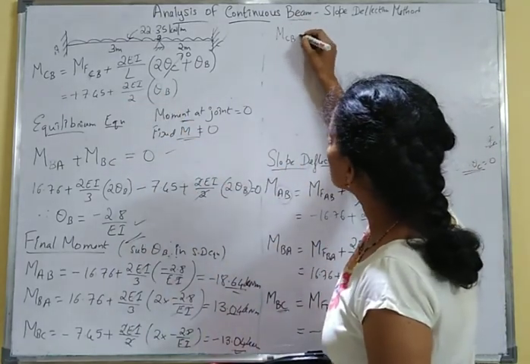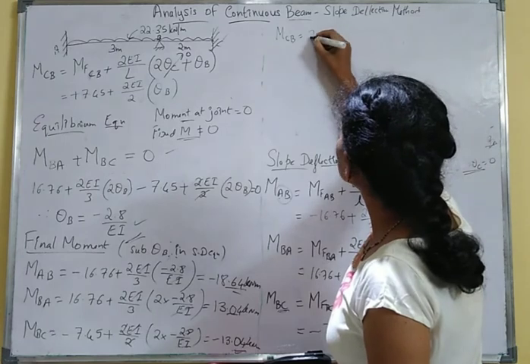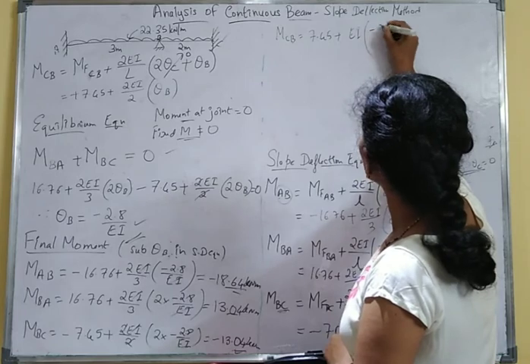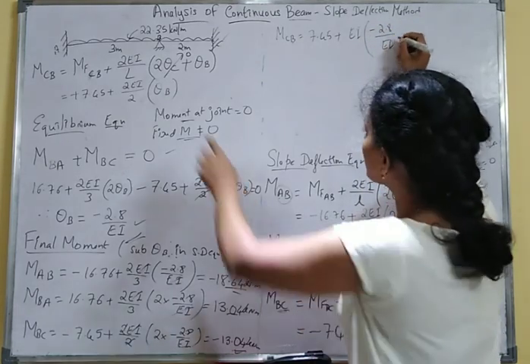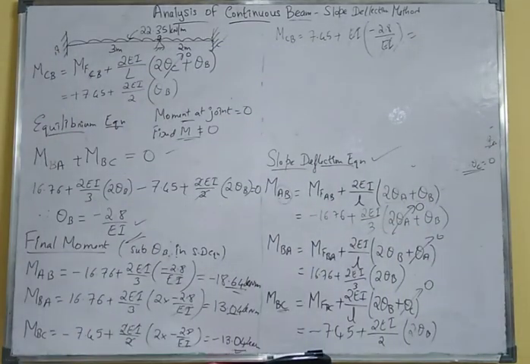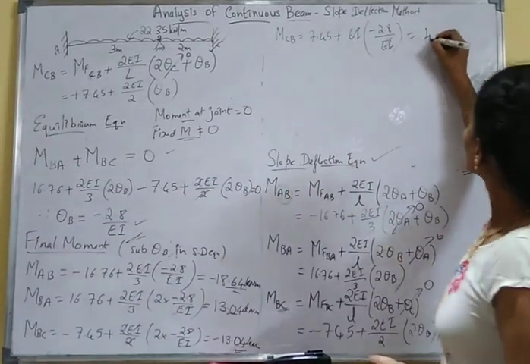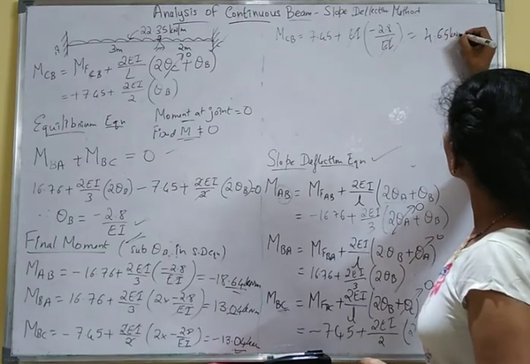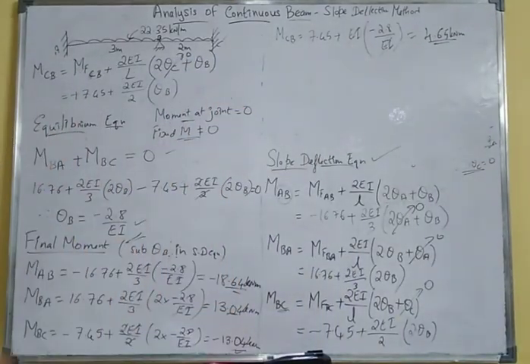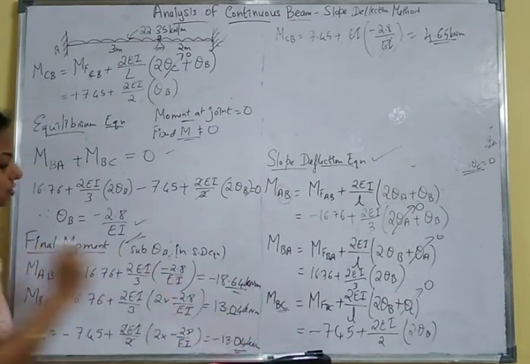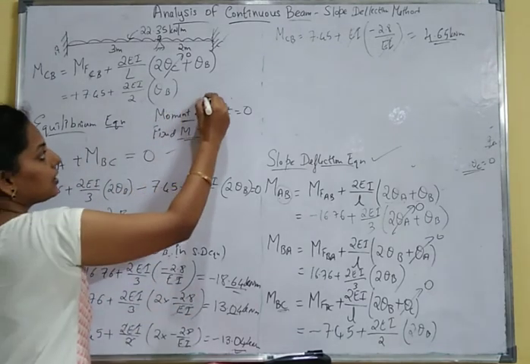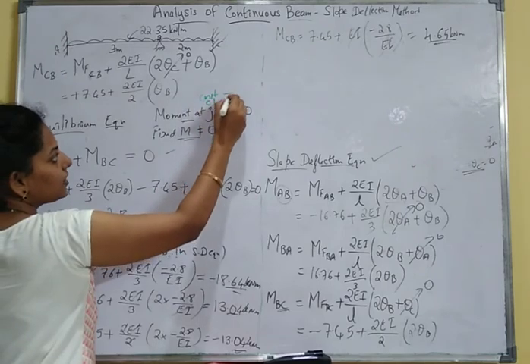The last equation is MCB. MCB equals plus 7.45 plus EI into minus 2.8 by EI. You have 4.65 kilonewton meter. Now just mark these moments in the diagram. Minus is anti-clockwise and plus is clockwise.